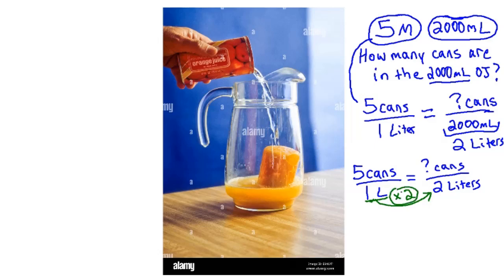So we're going to use that same multiplier, times 2, up here on the 5 cans. So 5 cans times 2 is 10 cans. So a 5 molarity solution of orange juice, where you have 2 liters of the orange juice, means you used 10 cans of frozen orange juice concentrate in the 2 liters of water. And that's still 5 molarity. It just means you have 2 liters of it.